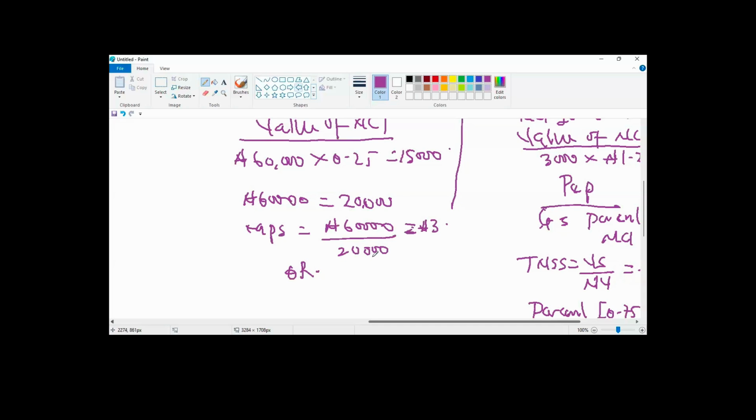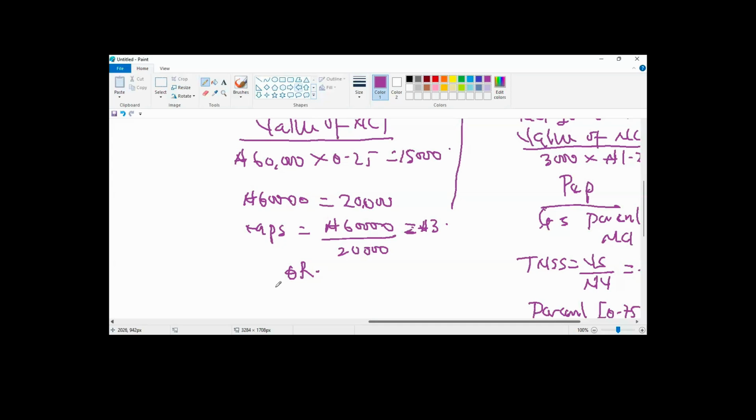Out of the 20,000, the parent acquired 75%. The remaining 5,000 belongs to NCI. The remaining 5,000 shares.